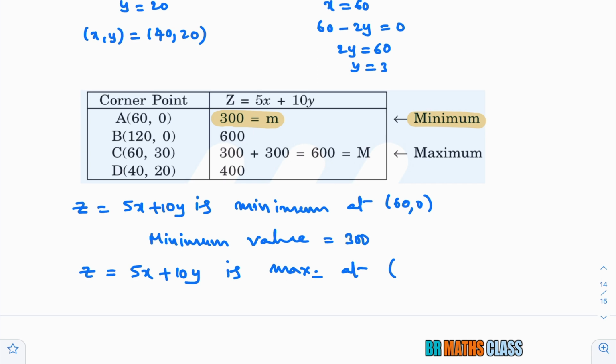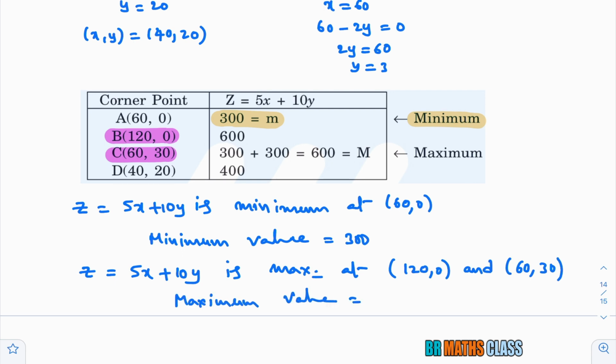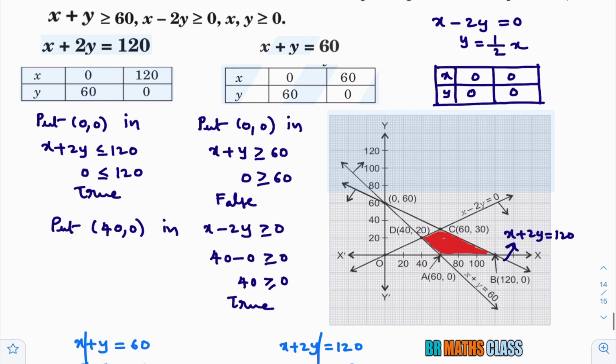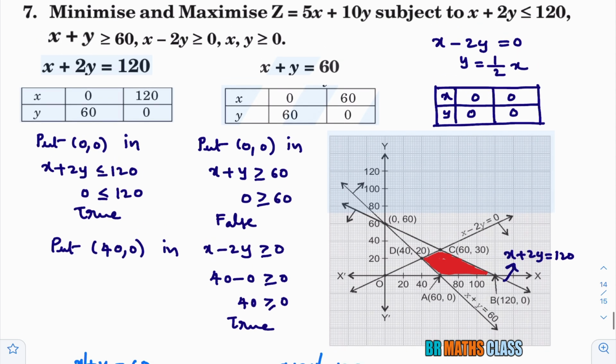What are those 2 points? One is 120 comma 0, another one is 60 comma 30. So what is the maximum value? Maximum value is 600. So I hope you understand this problem. We learned how to solve a given linear programming problem graphically.